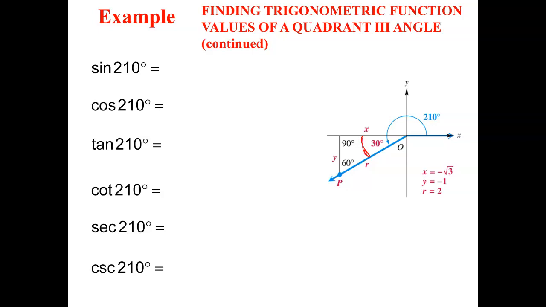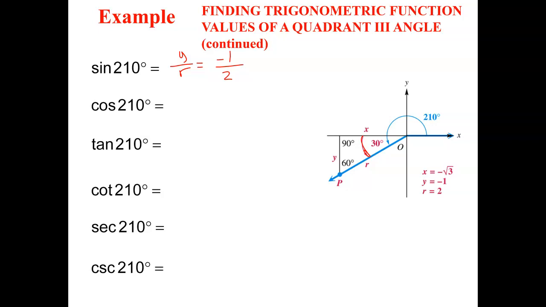How do I find sine? What 2 sides am I going to use? Y and R. Good. What's my y value? -1. There you go. -1 over 2. So sine of 30 degrees is 1/2. Sine of 210 is -1/2. Same number, different sign.